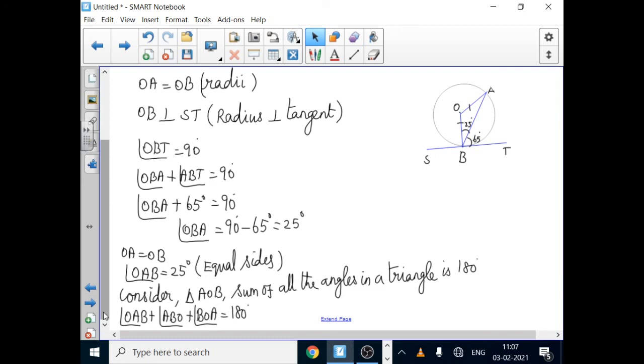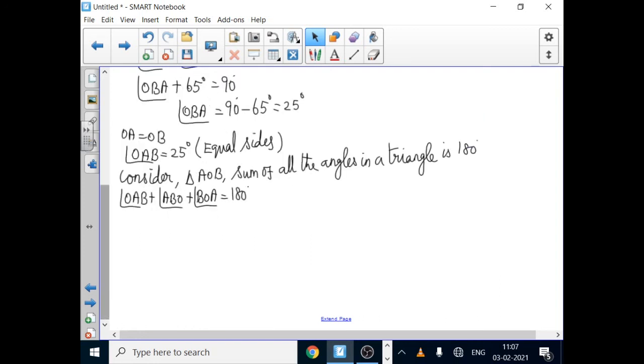So this can be written as angle OAB, that is 25 degree, ABO, that is also 25 degree. So 25 degree plus 25 degree plus angle BOA is equal to 180 degree.